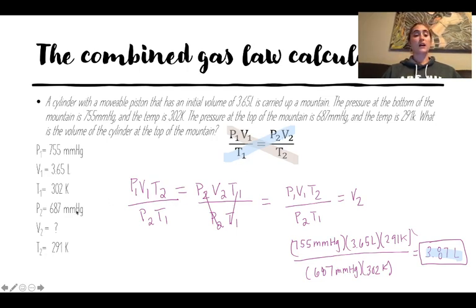And because we're trying to isolate V2, we will divide both sides by P2 and T1 so that we are left with this final equation that solves for V2. And then we can plug our variables in. And these were already in kelvins, so we didn't have to worry about that. And our final answer with sig figs is 3.87 liters.